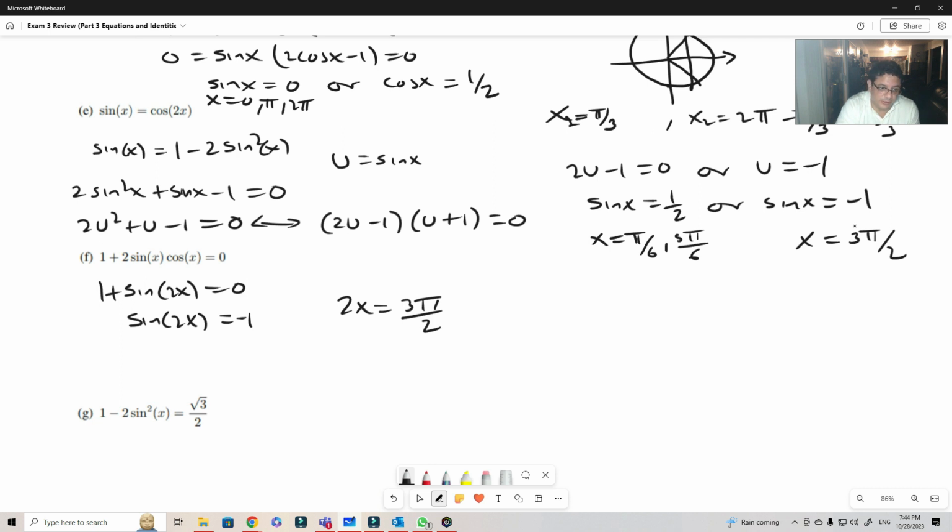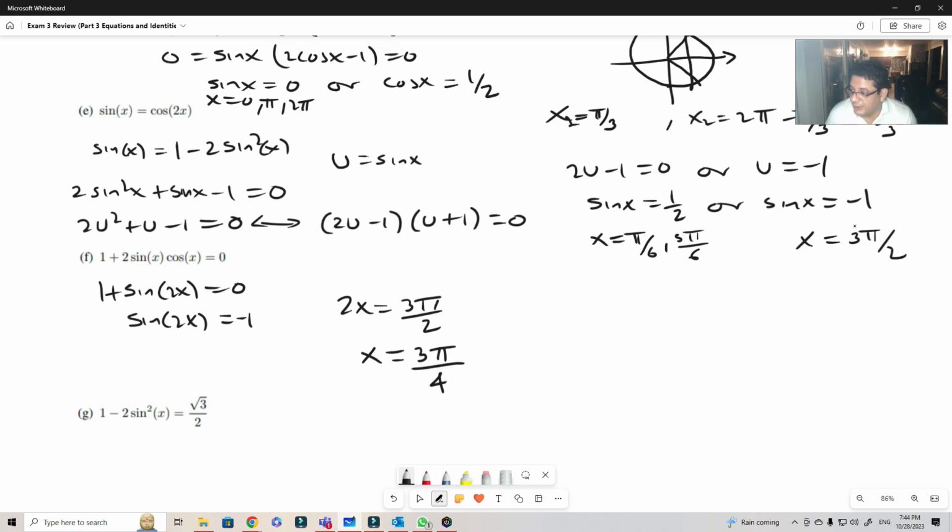This is actually a little bit different from what we have on the key solution. This is probably the more correct answer to that. So really here you will have that x is 3 pi over 4. That will be our solution.